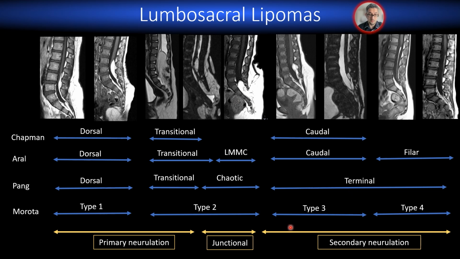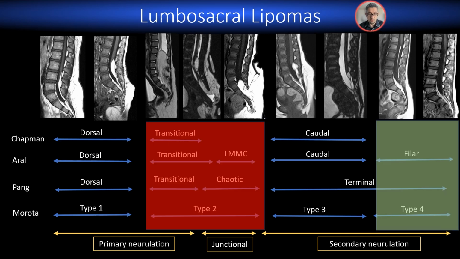And there is even a classification system based on embryology. So in this group, the transitional or chaotic form seems to have a worse prognosis than the others, even with surgery, according to Peng. And the final group, type 4 or the filar group, has the best prognosis.